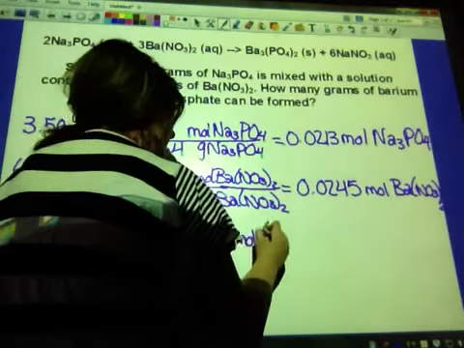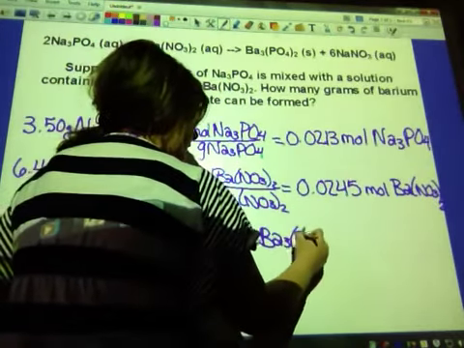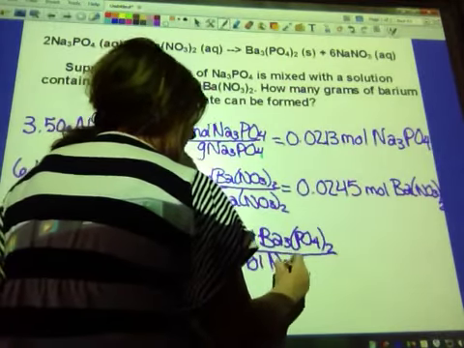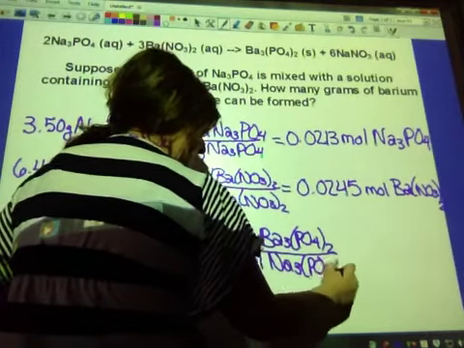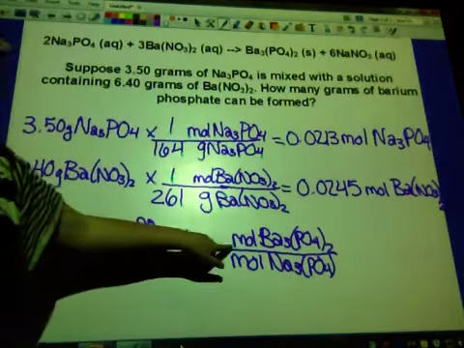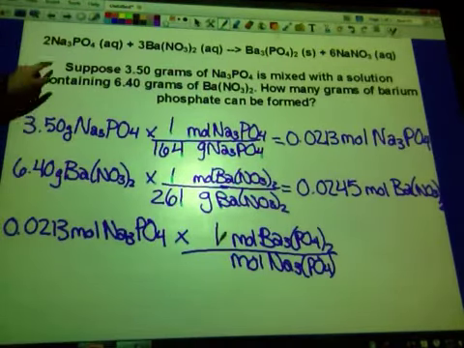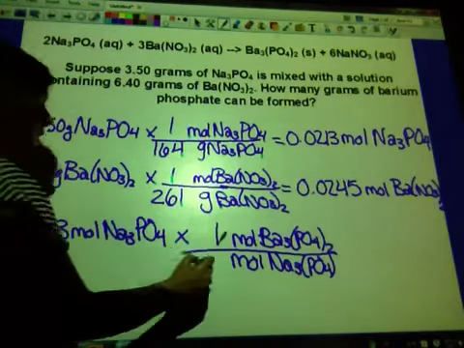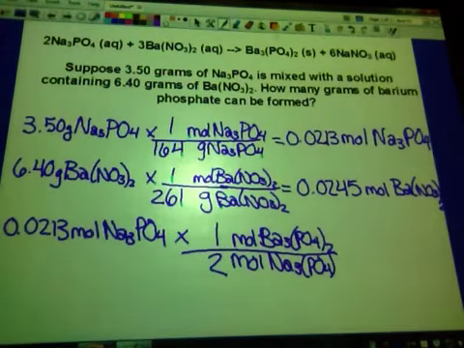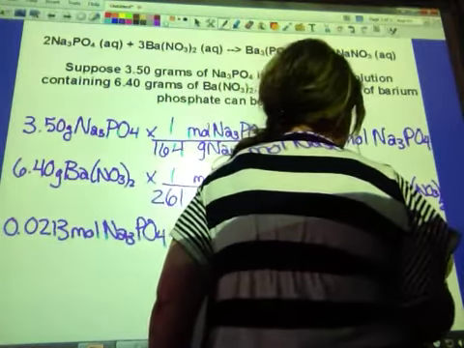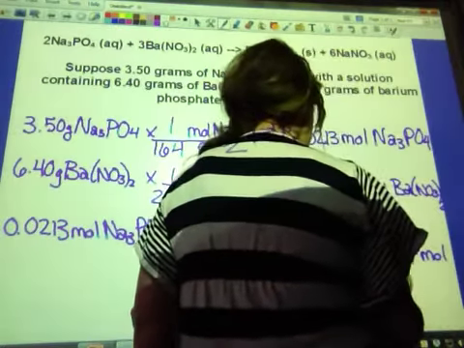So moles of barium phosphate, set up my mole ratio over moles of sodium phosphate. Okay, if I look, barium phosphate has a coefficient of 1, so it's 1 mole to sodium phosphate, which is 2 moles. So I'd have a 1 to 2 ratio there. So this just becomes 0.0213 divided by 2, and that would give me 0.0107 moles of barium phosphate.